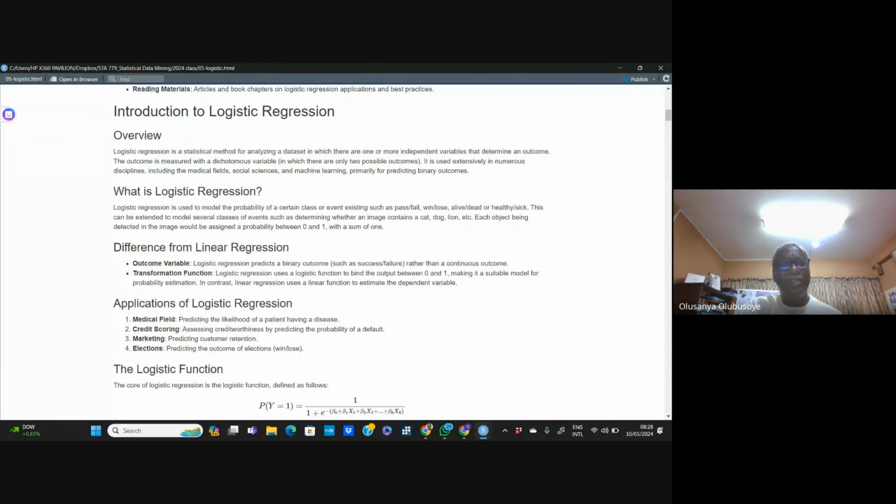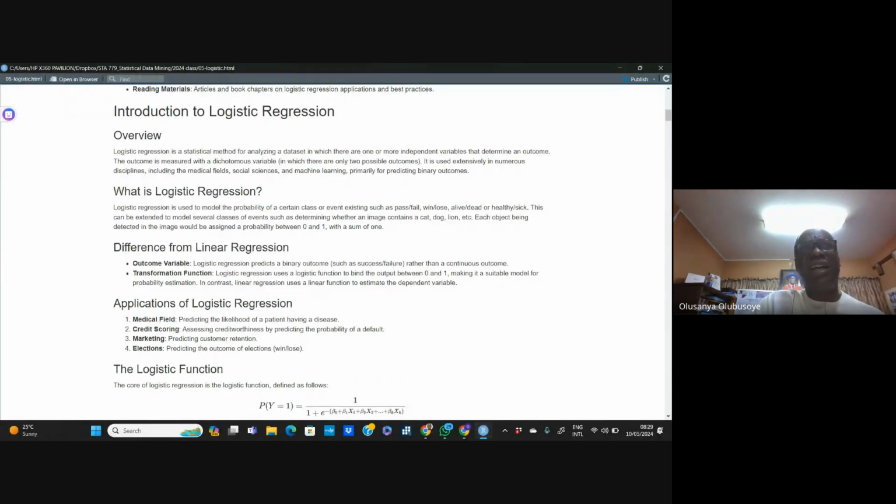It's also used in marketing to predict customer retention, whether a customer will stay or a customer will shun. In telecommunication, you could have people moving from one network to the other.